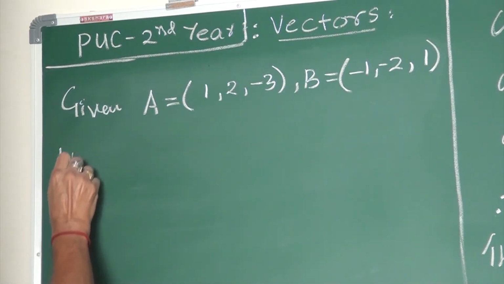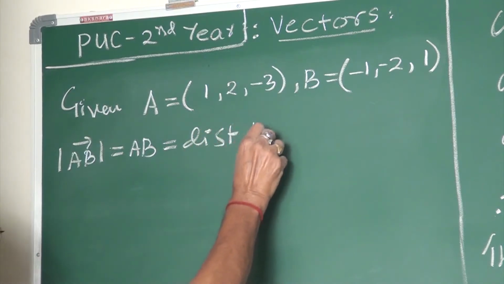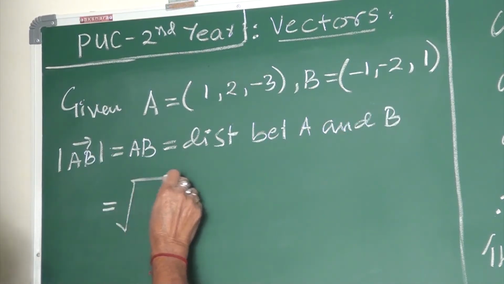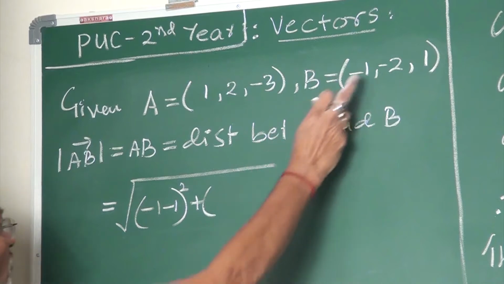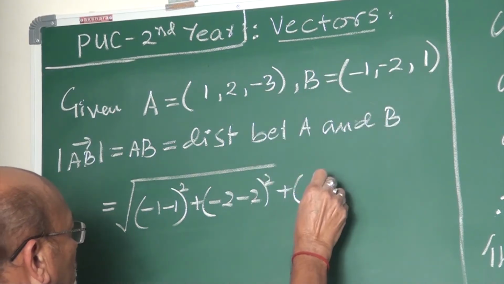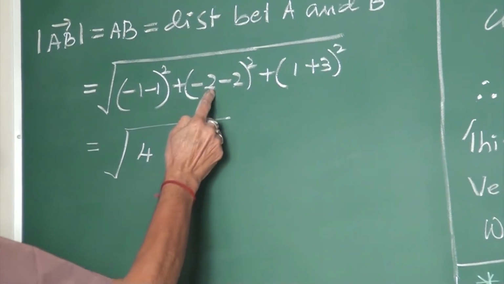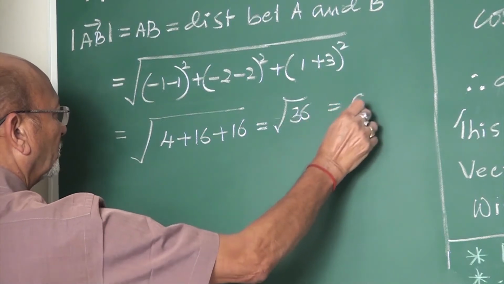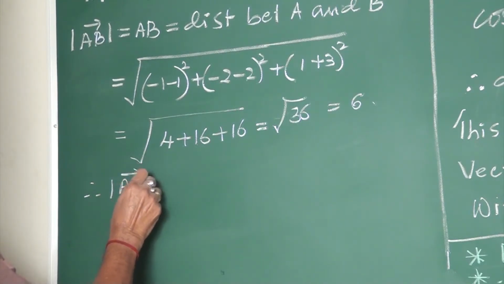Then magnitude of AB is the distance between A and B, which is square root of x2 minus x1 whole square plus y2 minus y1 whole square plus z2 minus z1 whole square, which equals square root of minus 2 whole square plus minus 4 whole square plus 4 whole square, it is root 36, means it is 6, my friend. Therefore, magnitude of AB is 6.